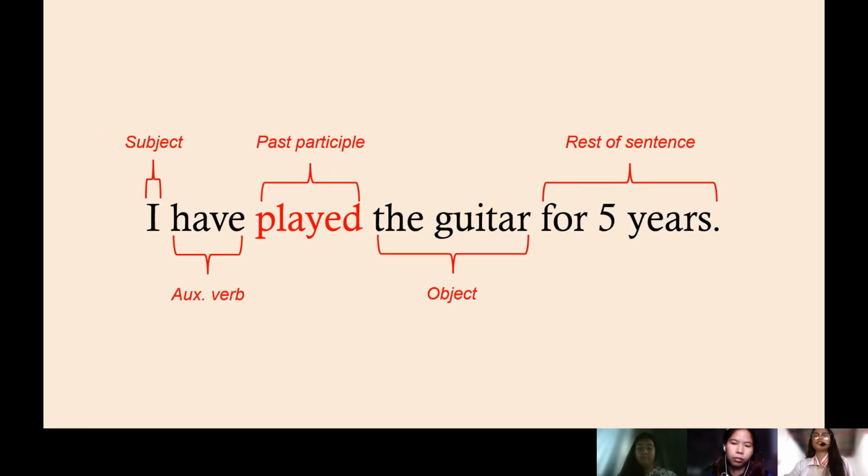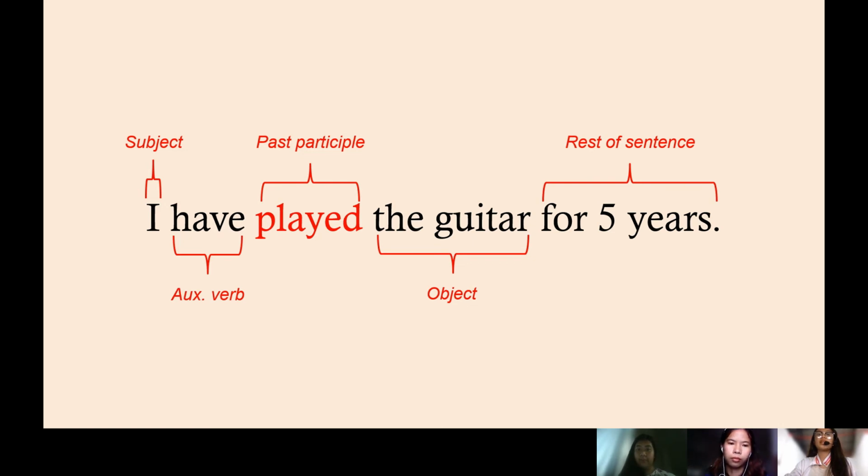Okay, example. Can you please read? I have played the guitar for 5 years. Okay, I have played the guitar for 5 years. Which one here is our subject? I po. I. Okay, how about the object? What is our object here?